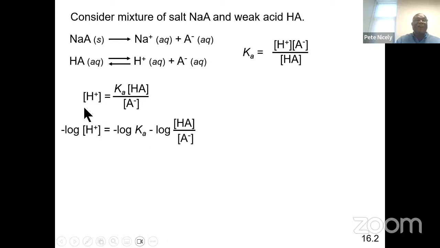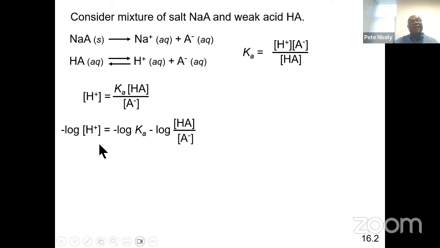Then we take the minus log of both sides. We end up with minus log of H+ equal to minus log of Ka minus the log of the concentration of HA divided by the concentration of A-.